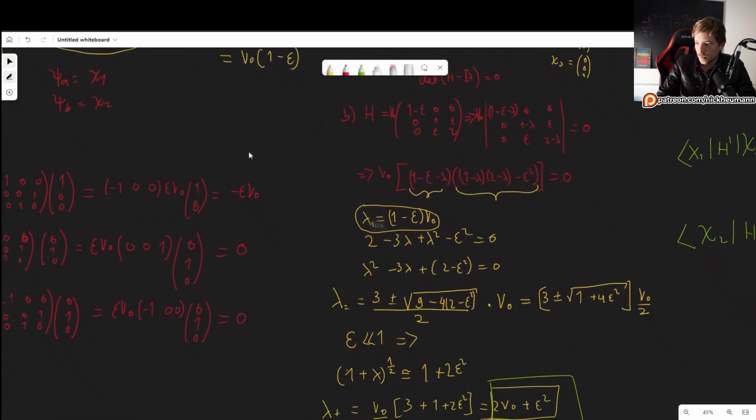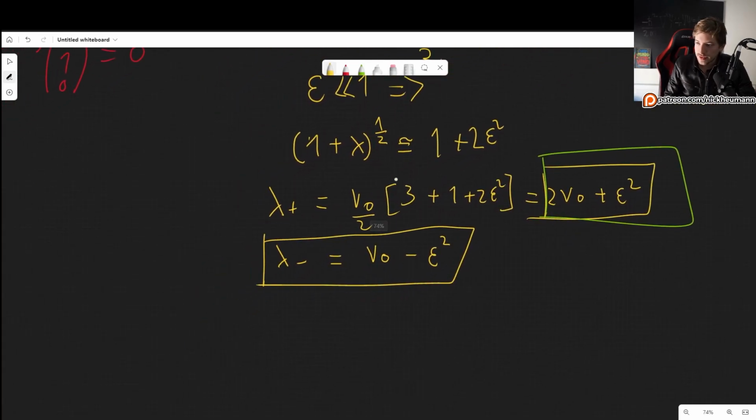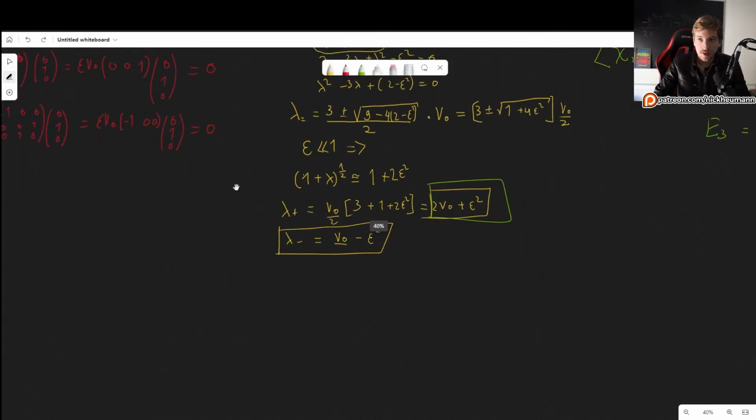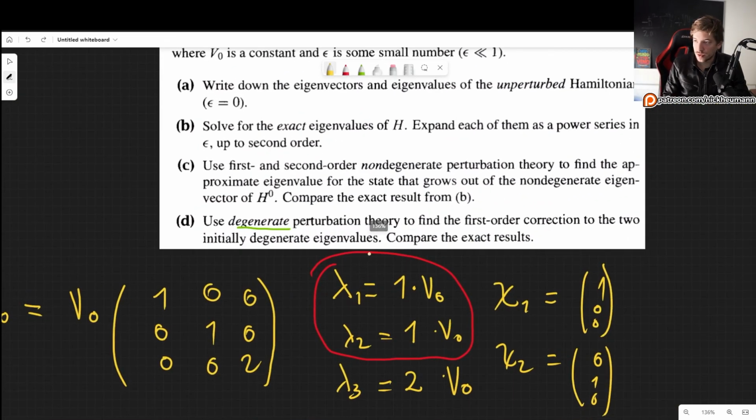So what's up with the other one? In the other case, we get indeed V0 with no first order correction. However, there is a second order correction, but that is not what we can find using first order theory. So up to first order, we do get the correct results, but there is a second order correction that we were not able to find using this method.